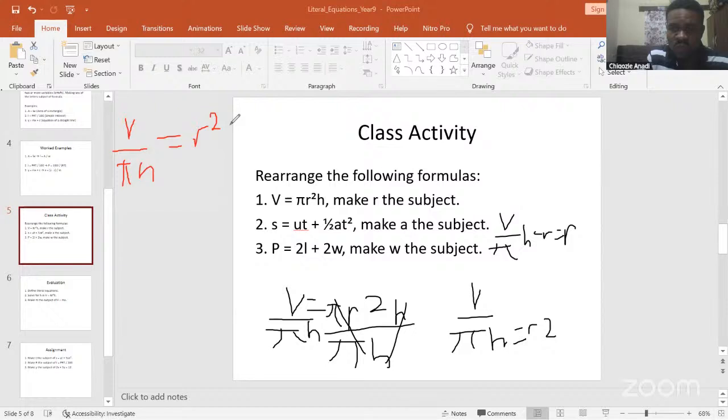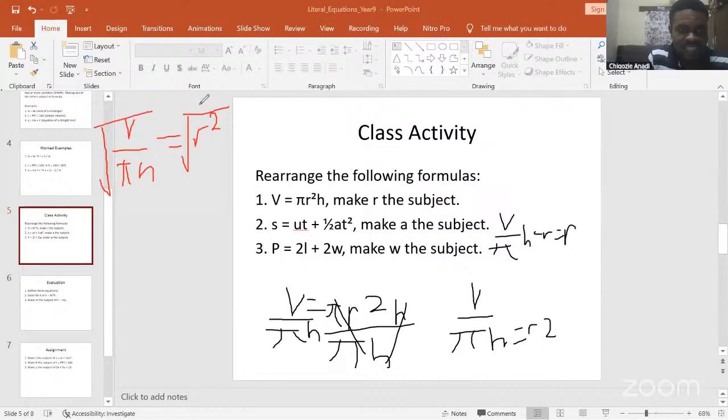Just like the inverse of multiplication is division, and the inverse of division is multiplication. The inverse of subtraction is addition, and the inverse of addition is subtraction. So right now, the inverse of square is square root. So we'll be finding the square root of both sides of this equation.